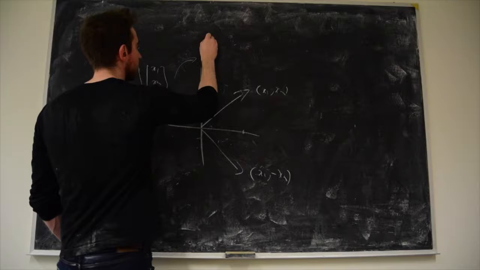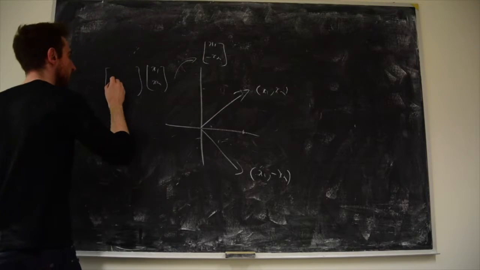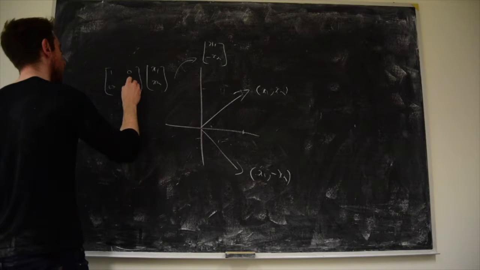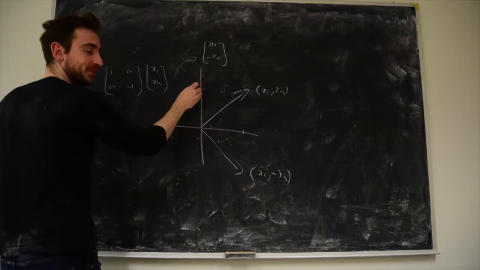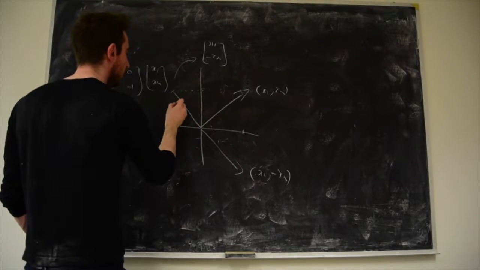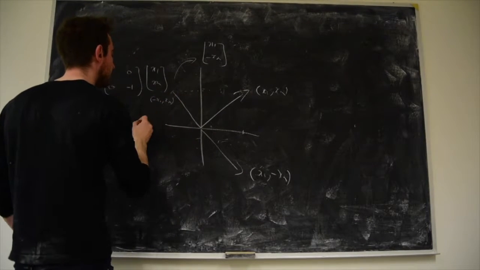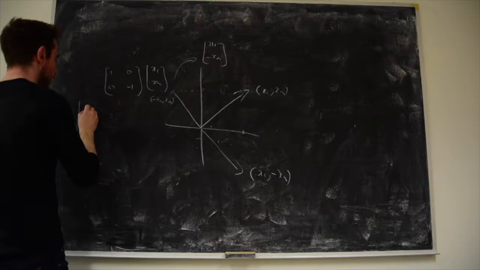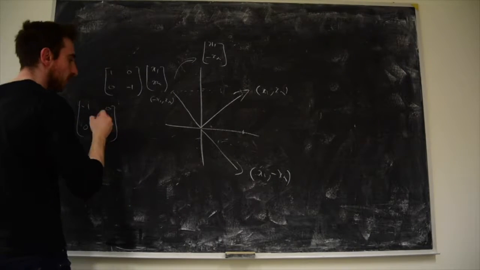I want a matrix that sends this to (x1, negative x2), and this matrix, of course, will be [1, 0; 0, -1]. Similarly, if I want to reflect something across the y-axis, I'm sending it to (negative x1, x2), and the matrix that does this is [-1, 0; 0, 1].